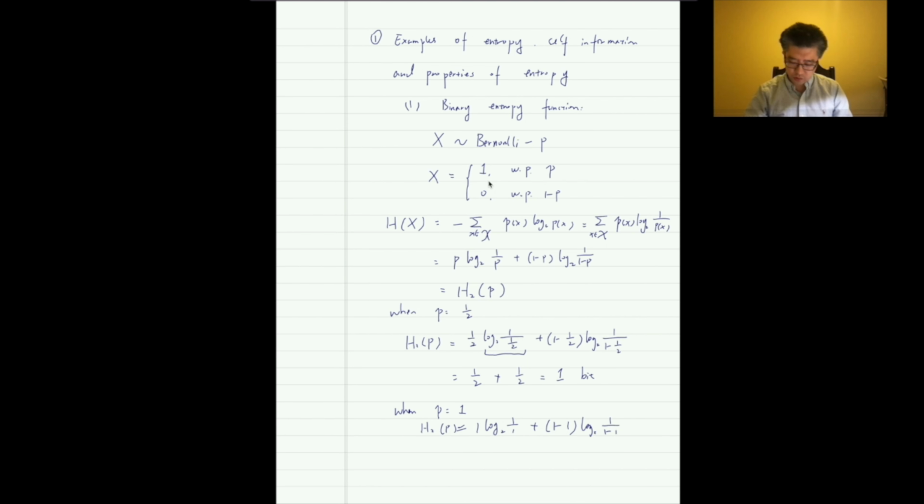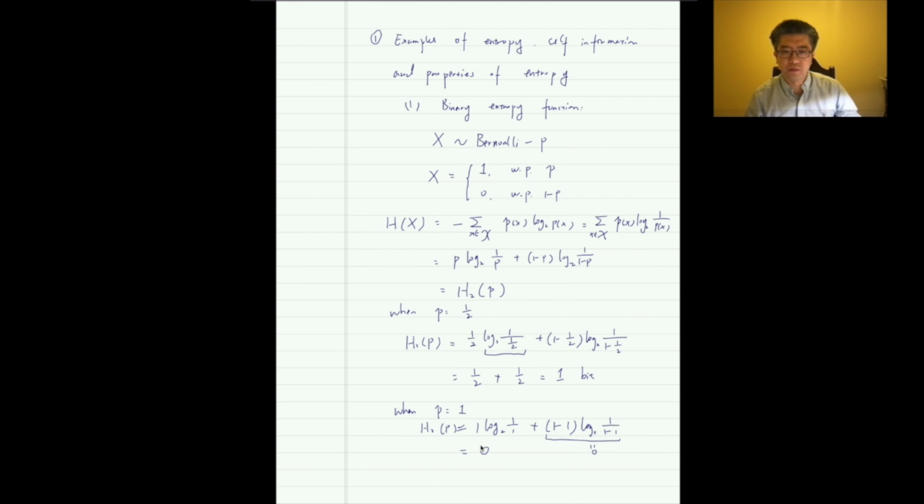Clearly the first term is 0, because log 1 is basically 0. And then the second term is like 0 multiplied by log of 1 over 0. Just use your favorite tool, L'Hopital's rule or whatever. You consider the limit of this when p goes to 1, and you'll see this is also 0.